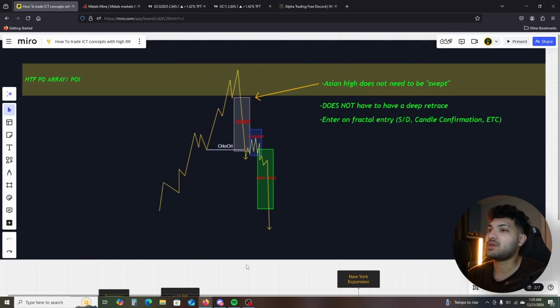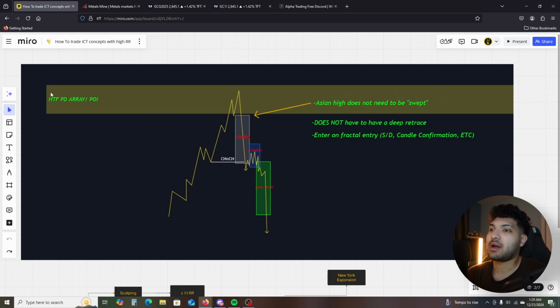And I have it marked out here. So now going back, right? This is essentially a higher time frame PD array / point of interest, and the market will draw up to this area and it will aggressively move down because institutionally we're currently on a higher time frame bearish order flow mode. Okay, we are respecting weekly structure, and we are expecting the market to continue based on the weekly narrative, right?